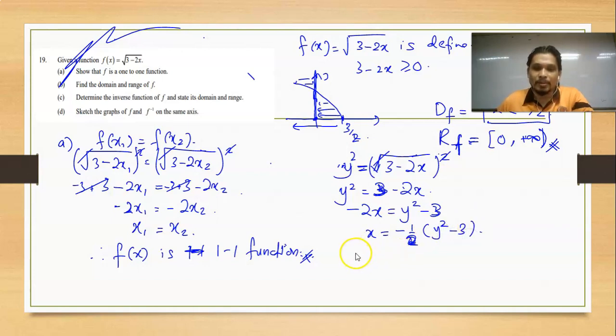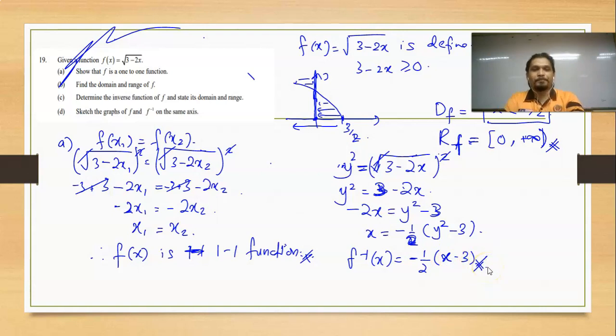So f inverse of x equal to negative 1 over 2 times x squared minus 3. So state the domain and range of the inverse of f.